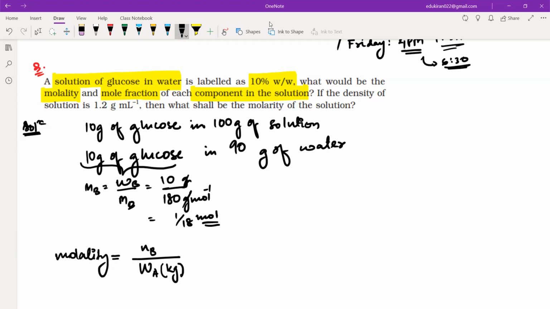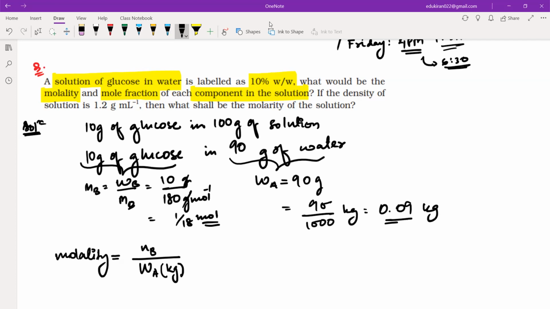Is that clear? Yes or no? Please tell me, Hanifa. Yes, sir. And from here, you can get the mass of solvent, which will be equal to how much in kg? It is 90 grams. So it will be equal to 90 upon 1000 and it will convert into kg. है ना? तो ये क्या आ जाएगा? 0.09 kg. Clear है? Yes, sir.